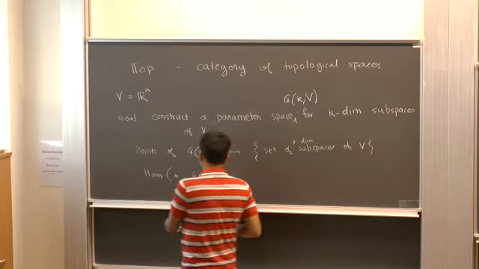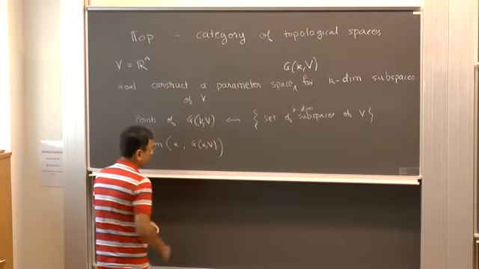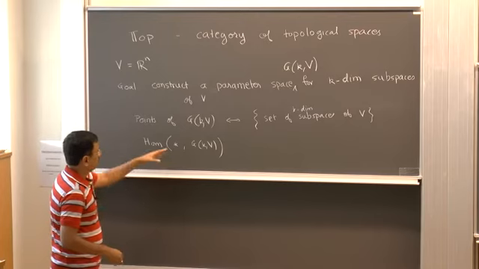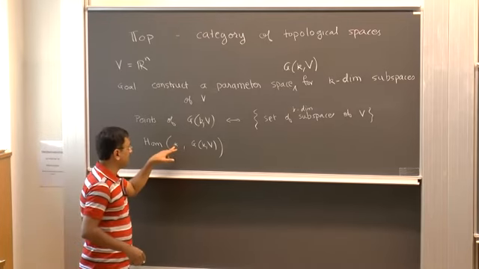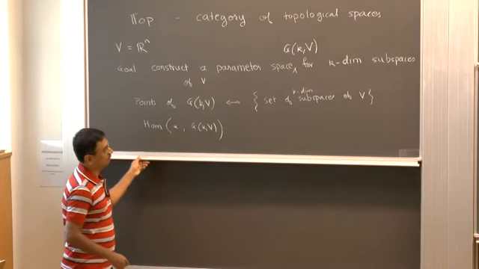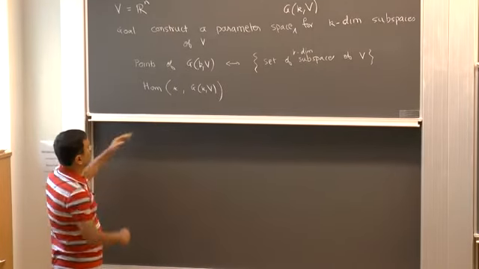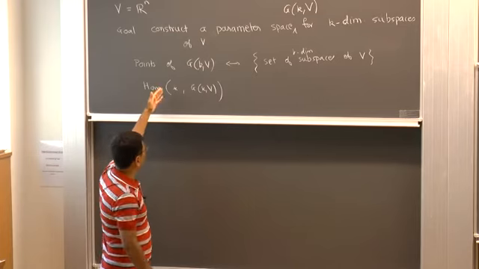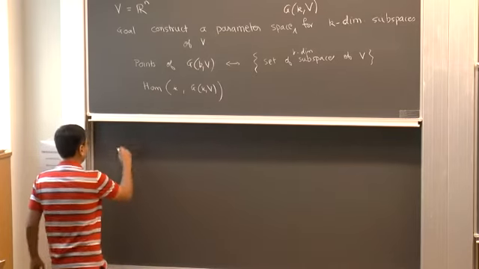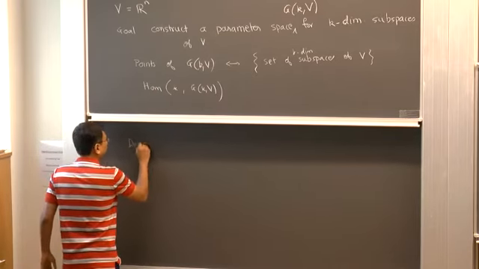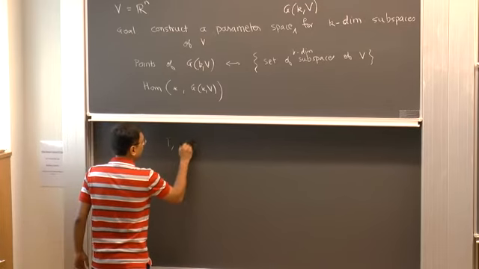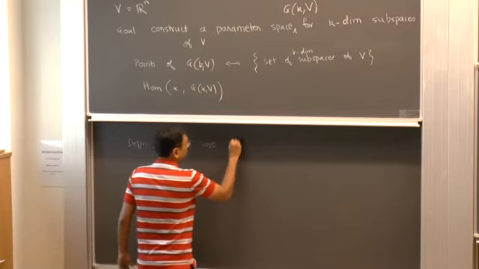But as I said, just saying what maps from this to G_k(V) are is not enough. There are many possible answers. So maybe we should look at maps from other topological spaces to G_k(V). Here is a definition. Suppose T and X are topological spaces.